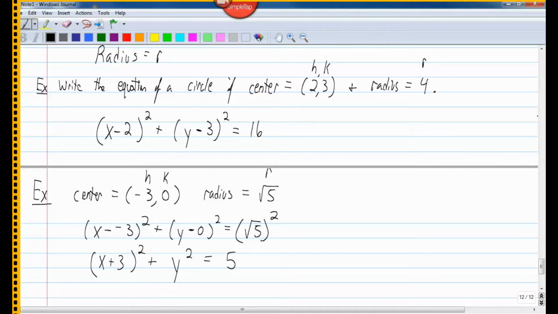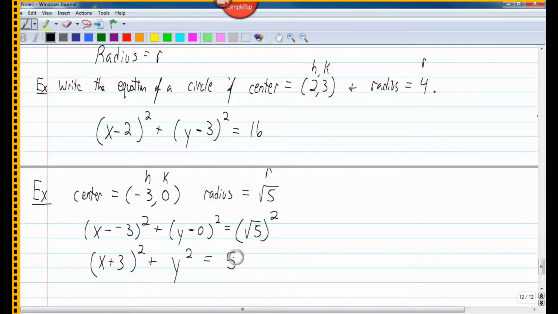Okay? So let's look at this answer and see if we didn't have this stuff up here, would we be able to get the answers? This is standard form. This is the best form for the equation of a circle. So the center of this circle is -3 because you take the opposite sign. So (-3, 0), because there's no number by the y.